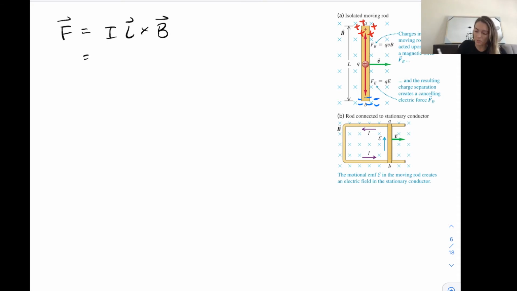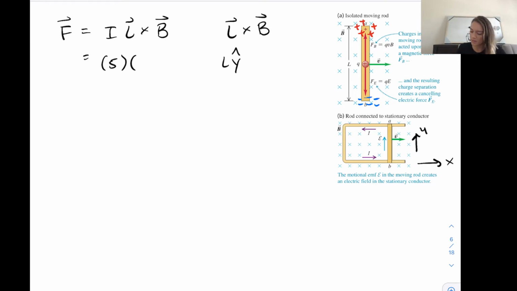So our force will just be the current, which we found was 5 amps. Then we have to think about our cross product here. The current is going in this counterclockwise direction, so on this piece of rod, the current is in the upward direction. Let's say this is X and this is Y. So our length is in the upward Y hat direction, and the length is just that 0.1 meters.